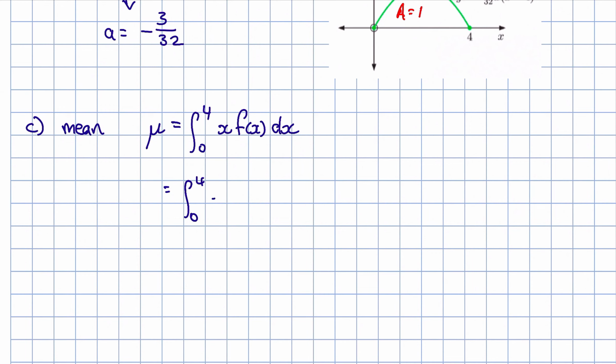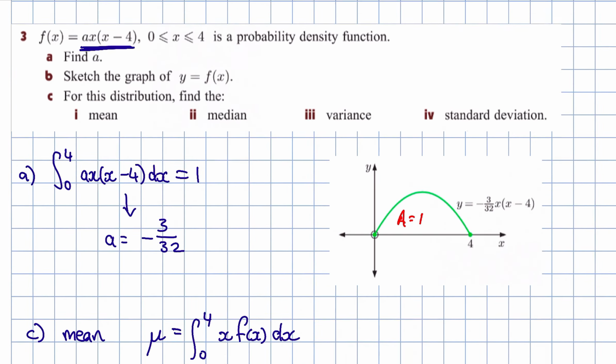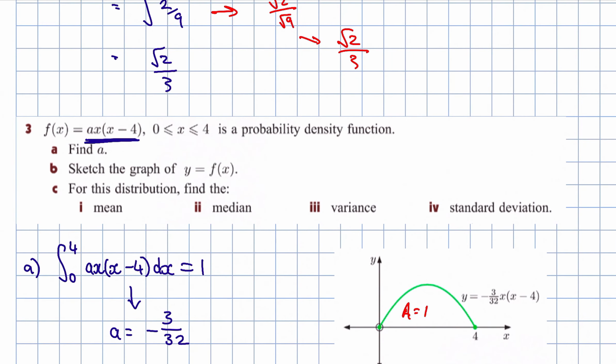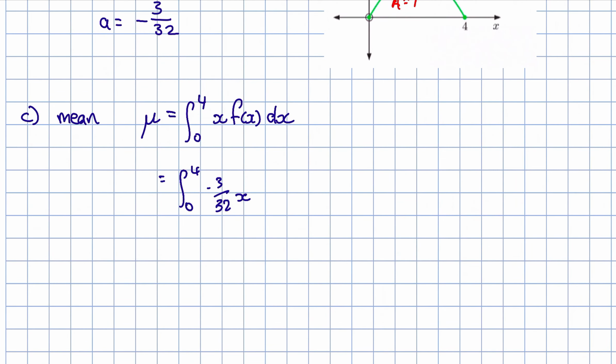So we're going to put that negative 3/32, and it was x. If we look here, it was that lots of x. Let's write it down in full. Sorry, let's write it in the right order. I don't want to confuse the matters here too much.